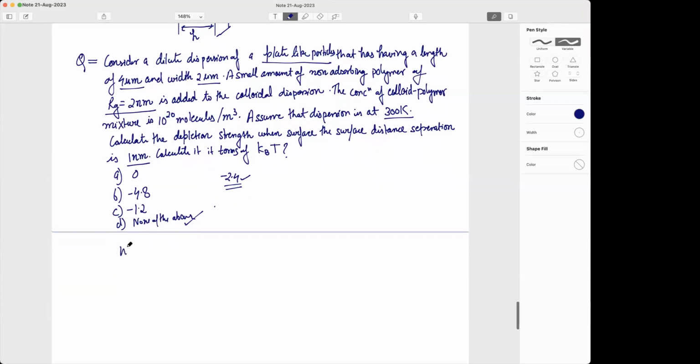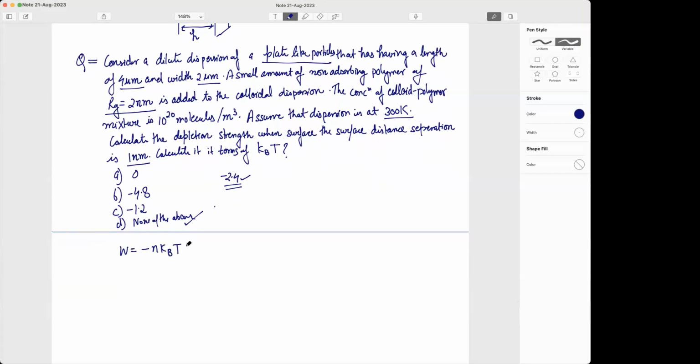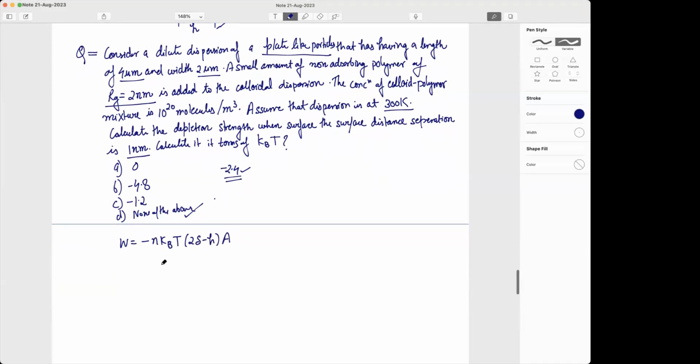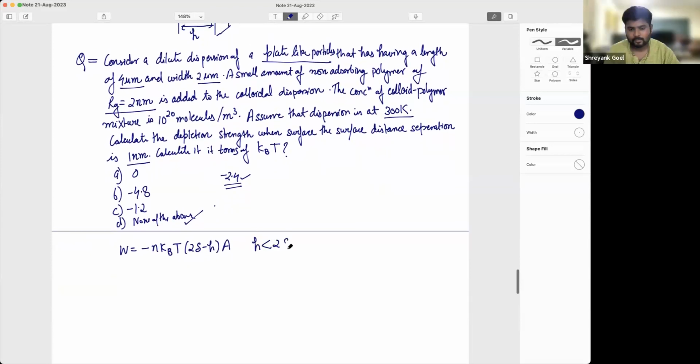W(h) equals minus n kBT into (2 delta minus h) into A. Since h is less than 2 delta, because h is 1 nanometer and 2 delta, or 2 Rg, is 4 nanometer, correct?